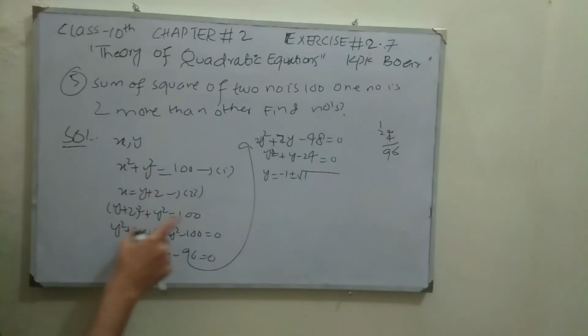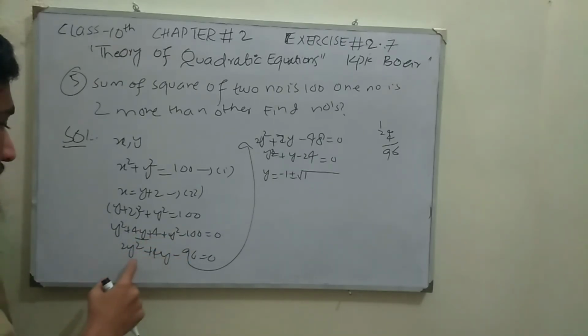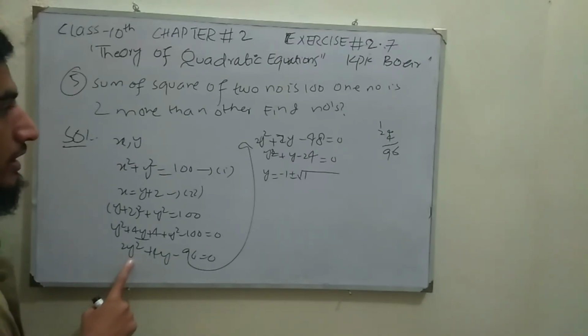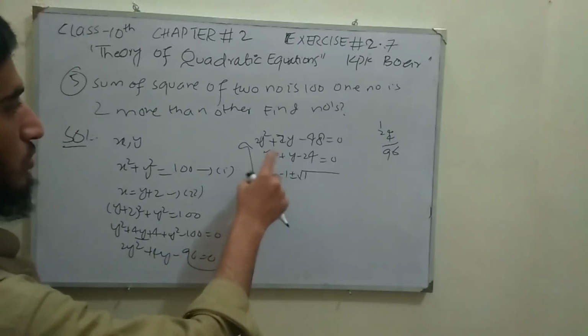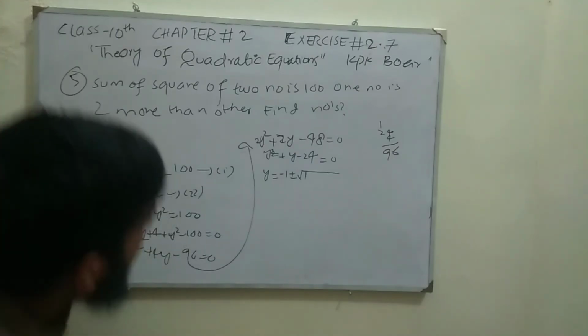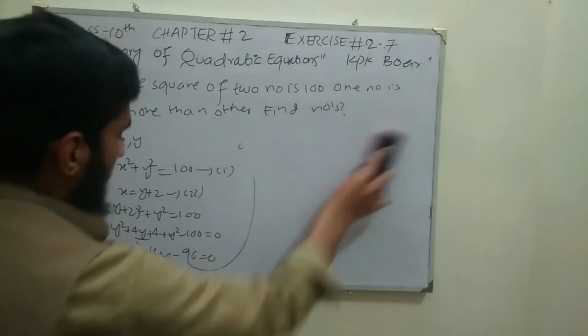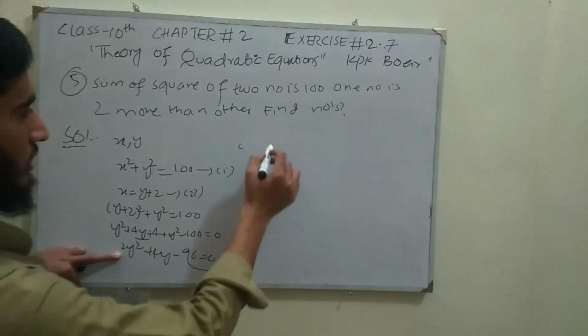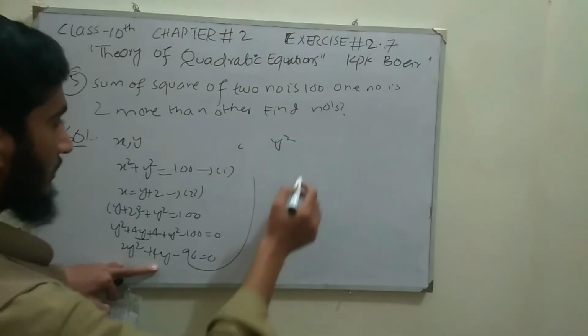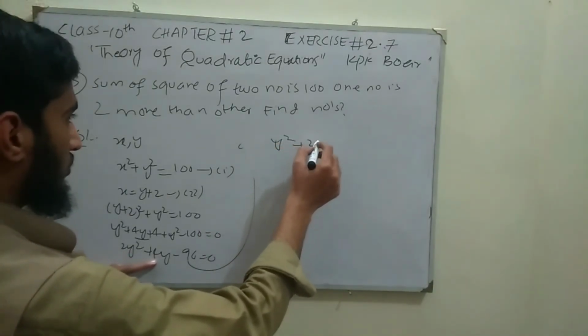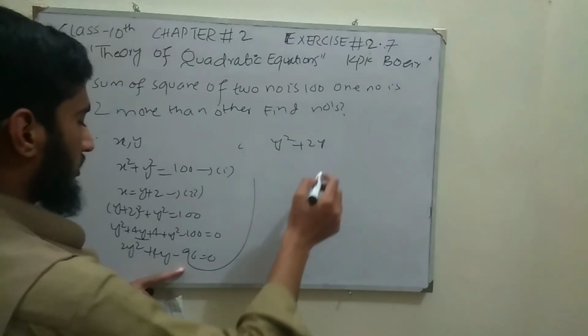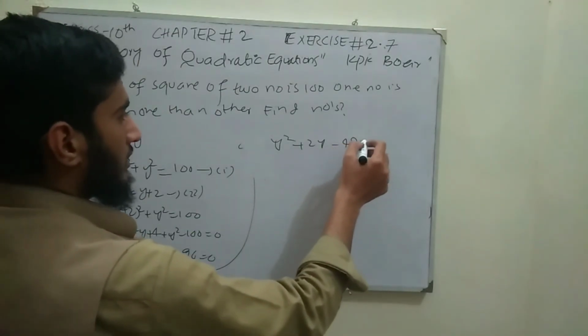So y plus 2 whole square plus y square gives y square plus 4y plus 4 plus y square minus 100, which is 2y square plus 4y minus 96. Here the earlier step was wrong. If we divide this equation by 2, it becomes y square, and dividing 4y by 2 gives us just 2y, and dividing 96 by 2 gives us minus 48 is equal to 0.